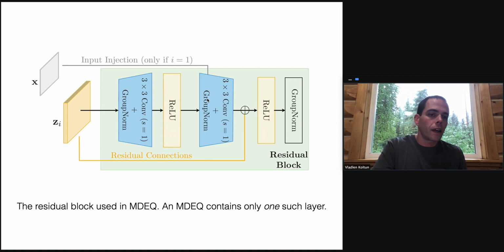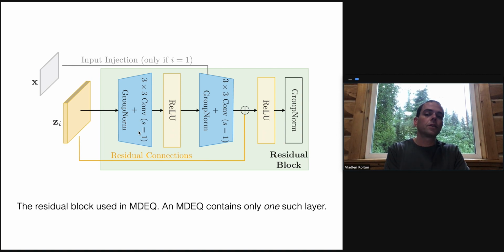You might ask, if that was the whole model, what's the difference between the small Mdeck and a large Mdeck and an extra large Mdeck? The differences are just in the width of these feature tensors and the number of channels in the convolution operator. That's it. Structurally, the models are identical.